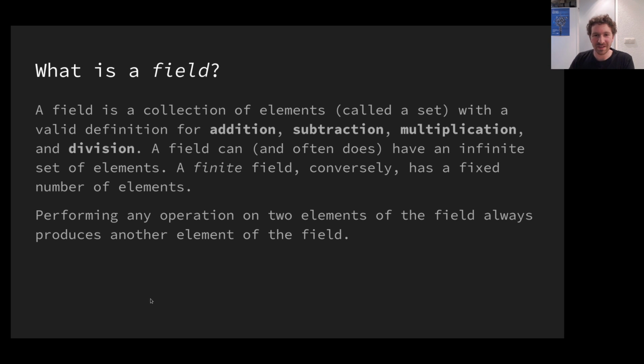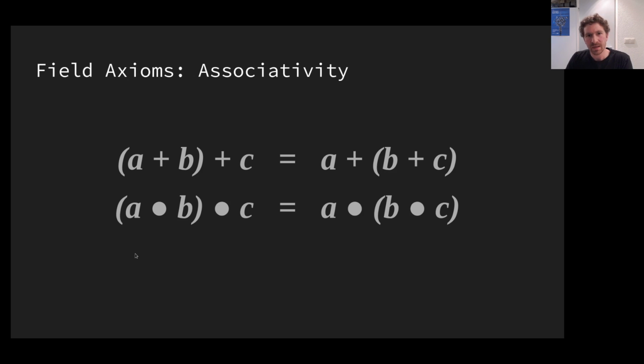This is the land of the generic at this point. So here are the set of rules that objects that are a field, like mathematical objects that form this system, a field system, have to obey. The first one is associativity. If I have my addition operation, and I'm just standing in variables here for the operations, if I've got A plus B and then I do plus C, that has to be the same as if I did B plus C and then plus A, right?